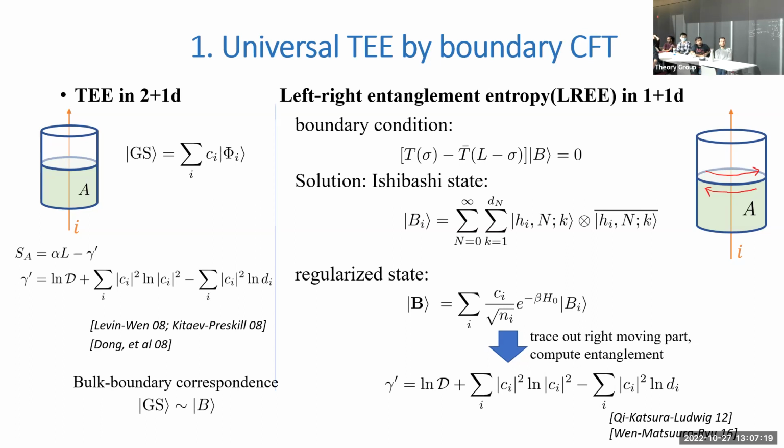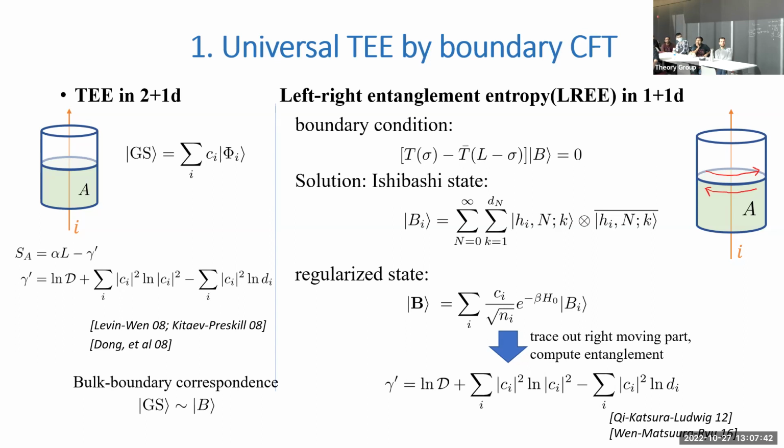We probably don't really want to care about these technical details, but the basic idea is that we want to use a boundary condition to define a boundary state. Roughly speaking, the boundary condition tells us how to match this chiral and the anti-chiral copy.